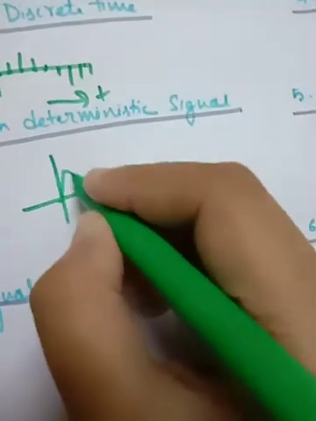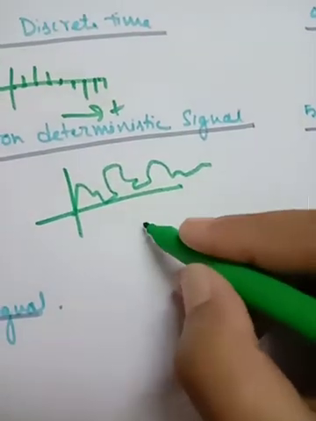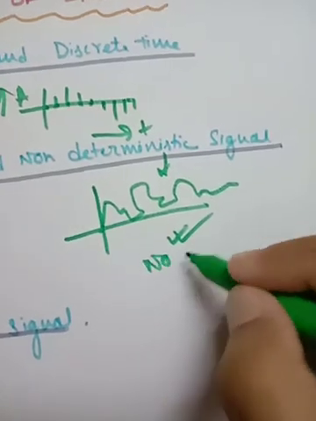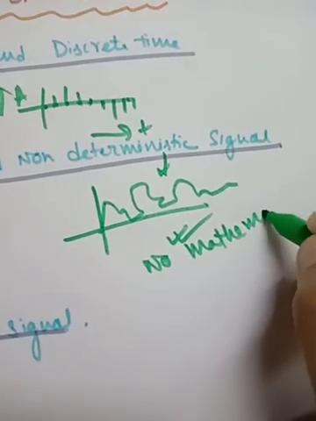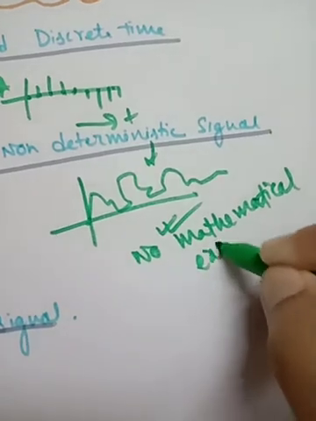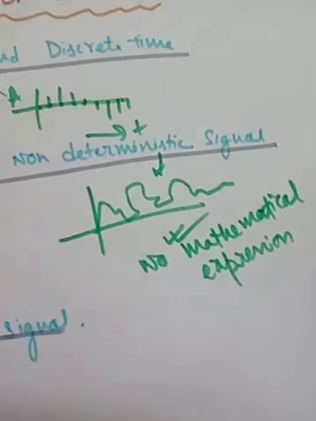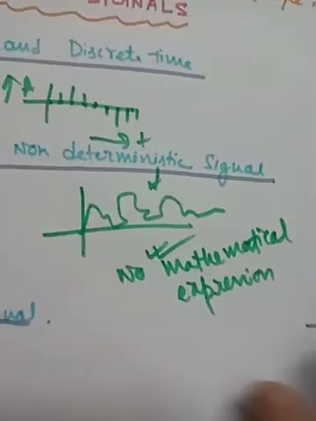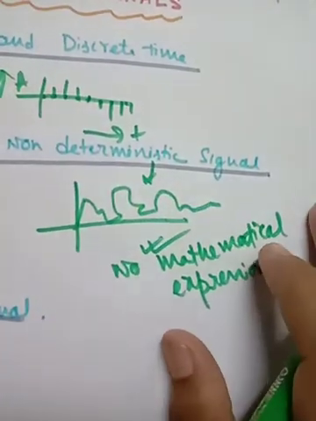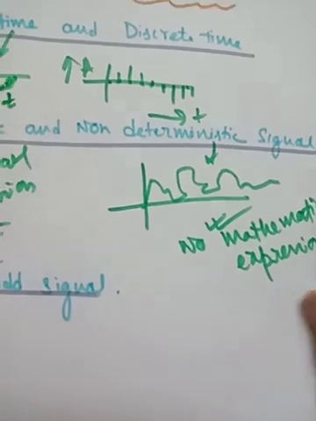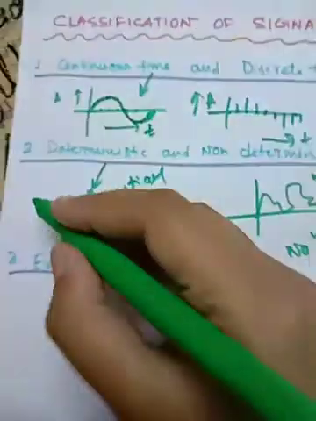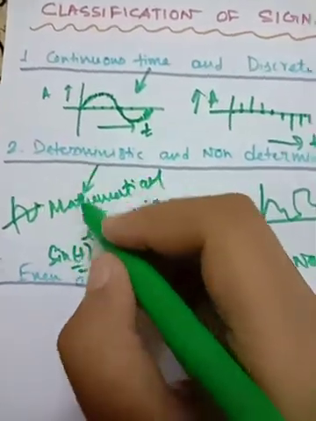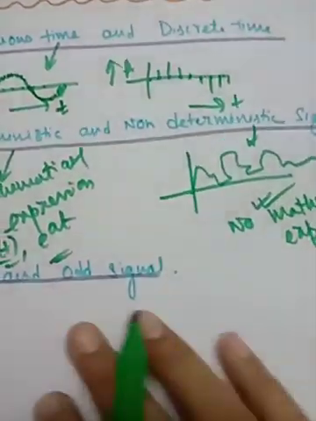Like if a signal is like this one, this is also a signal, but this is non-deterministic because for this there is no mathematical expression. So a signal for which we have a mathematical expression is the deterministic signal, and a signal which does not have any mathematical expression is a non-deterministic signal. Like this is sin t, so this is deterministic, this is non-deterministic.